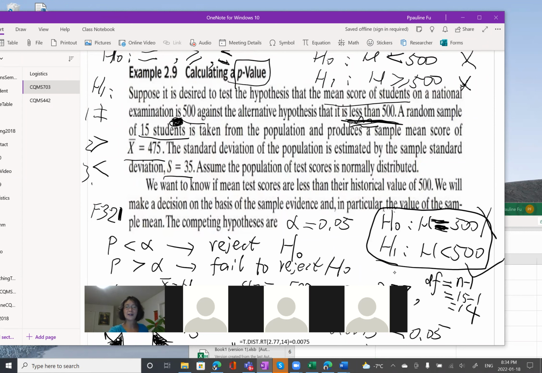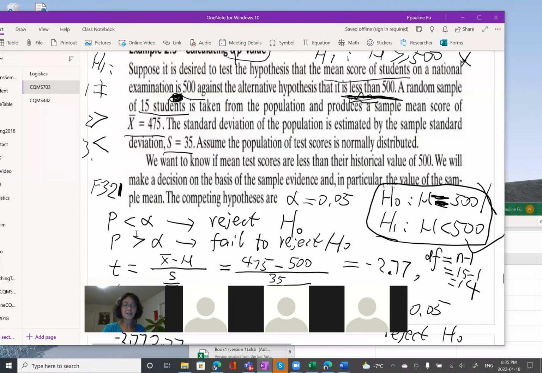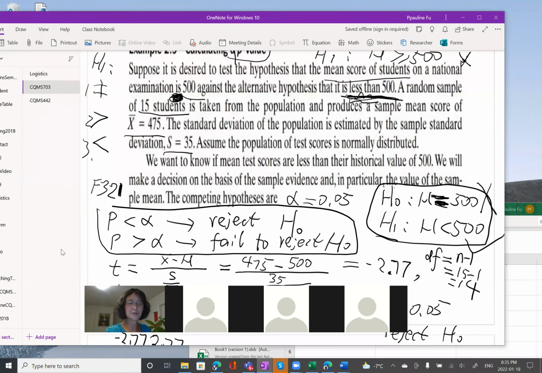Usually you will state H0 and H1, and then you compute the test statistic. After that, you compute the p-value and then compare the p-value with alpha. This conclusion is universal, regardless of which test you are doing, whether it is a z-test, t-test, F-test, or ANOVA test.